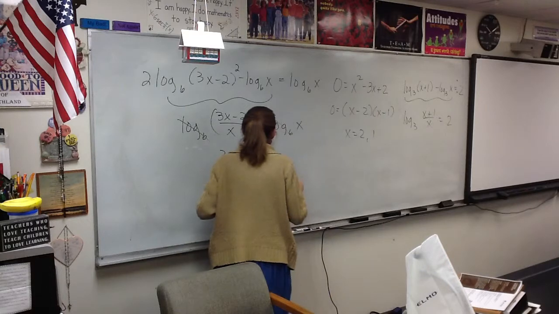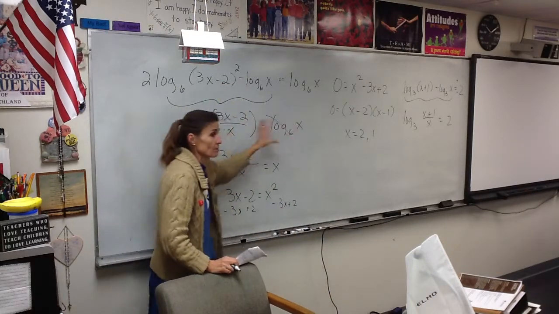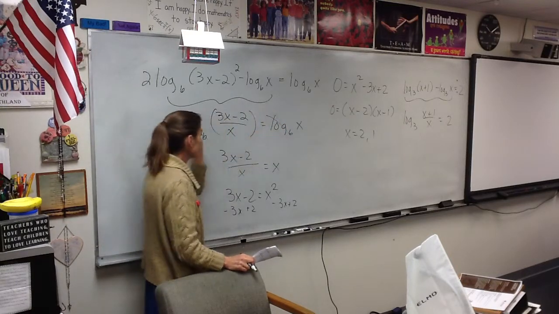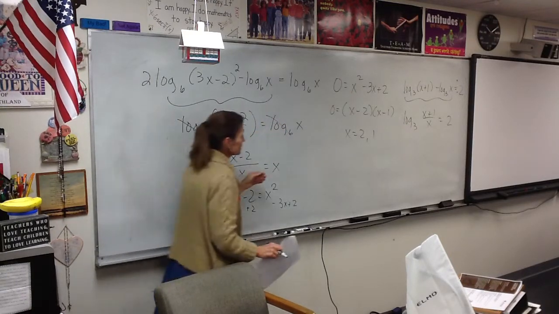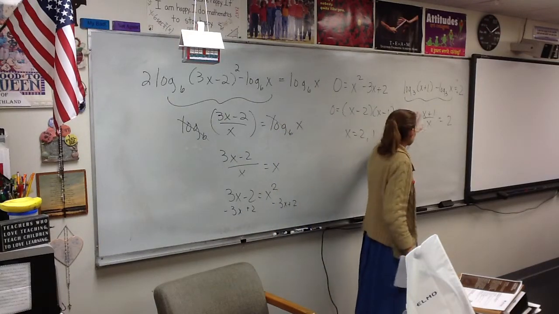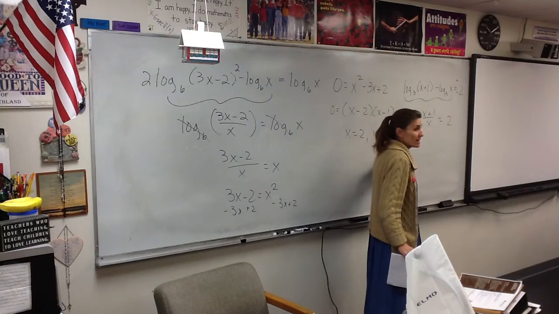Now, in this last problem, gang, when we combined, this is what we had, so we dropped the logs out and went from there. When we combine here, this is what we have. Can I drop this log out? No. I have to rewrite it.